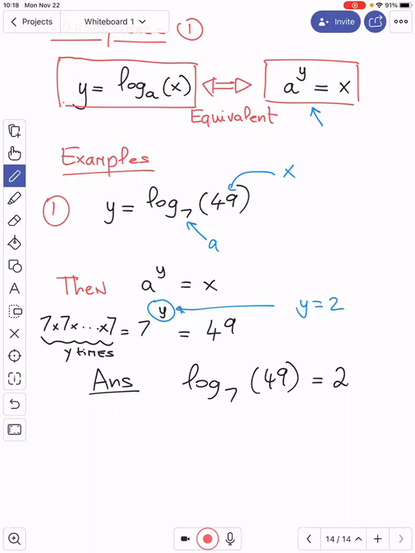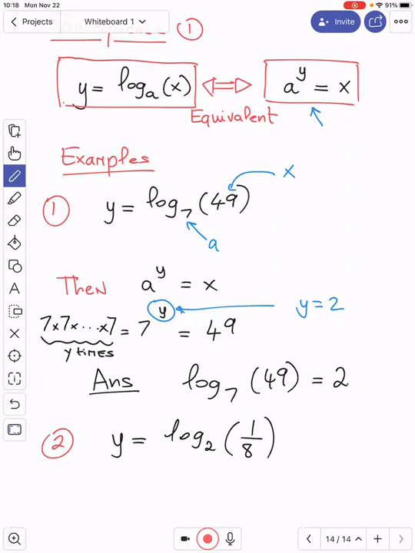So yeah, another example. Let me do example number 2. Let's say again, y equal to log base 2 of 1/8.